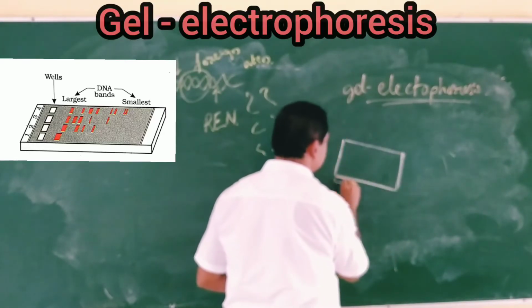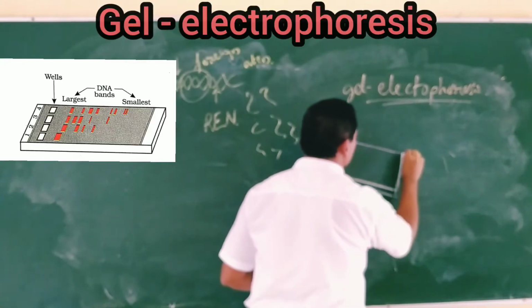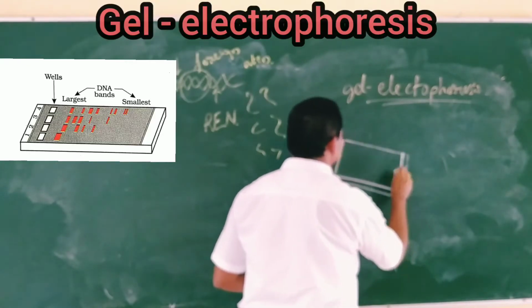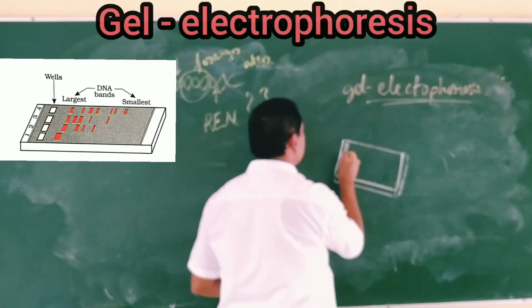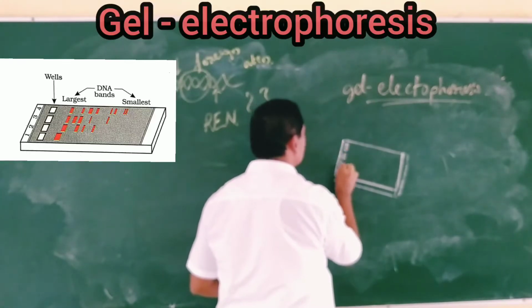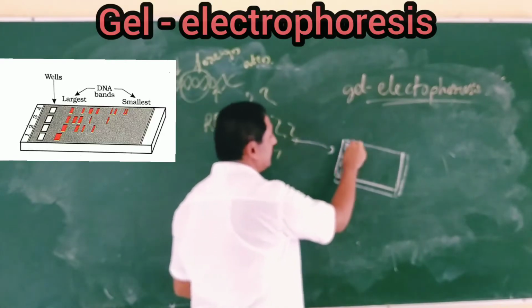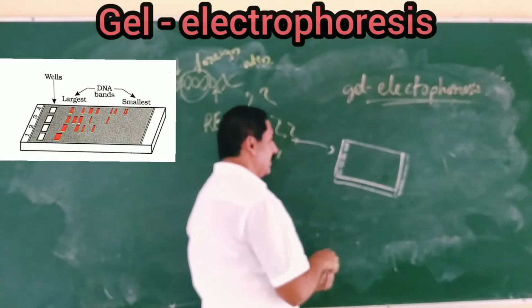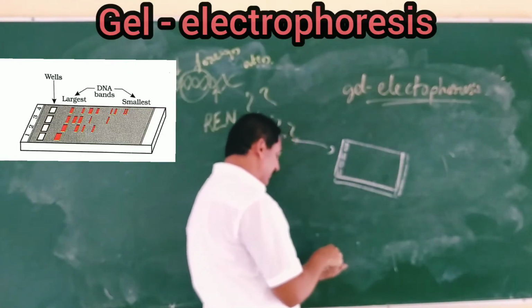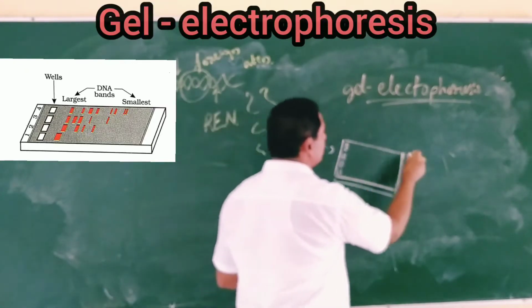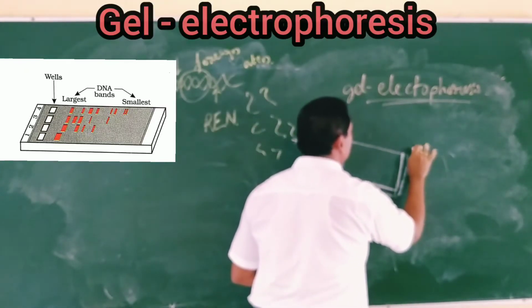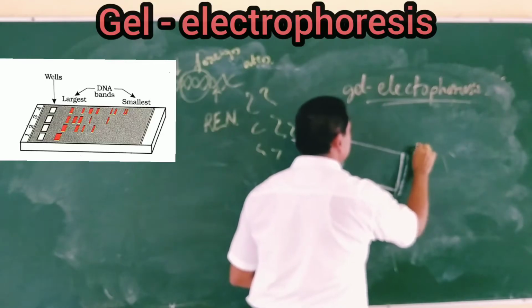So it is a matrix through which we pass the DNA fragments, with a small well into which we pour the solution containing the fragments of DNA. It should be kept in an electric field. DNAs are negatively charged molecules that are made to pass through this gel sheet.